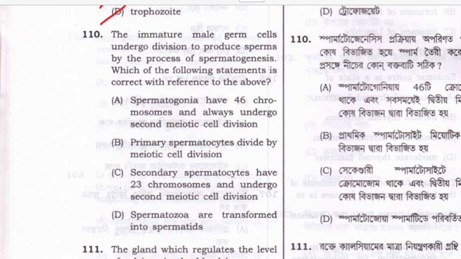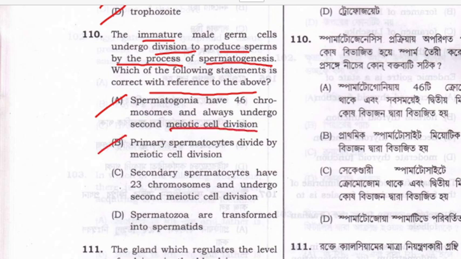Next is, the immature male germ cell undergoes division to produce sperms by the process of spermatogenesis. Which of the following statements is correct regarding the above? A. Spermatogonia have 46 chromosomes and always undergo second meiotic cell division.